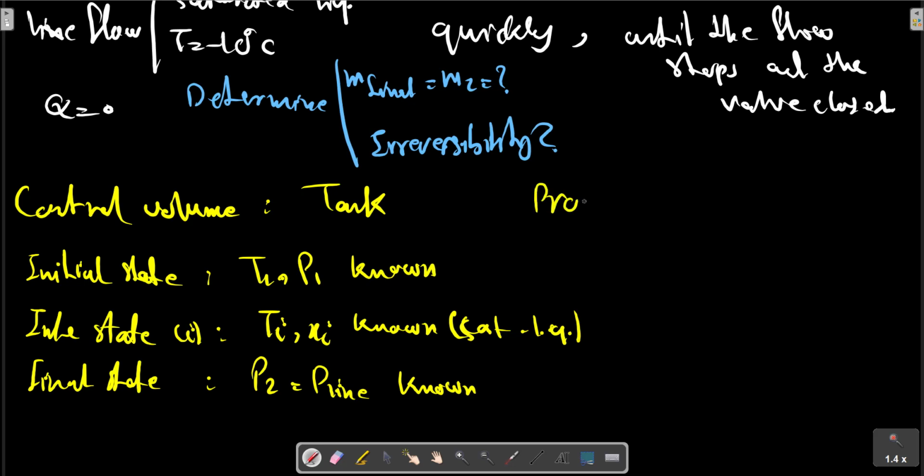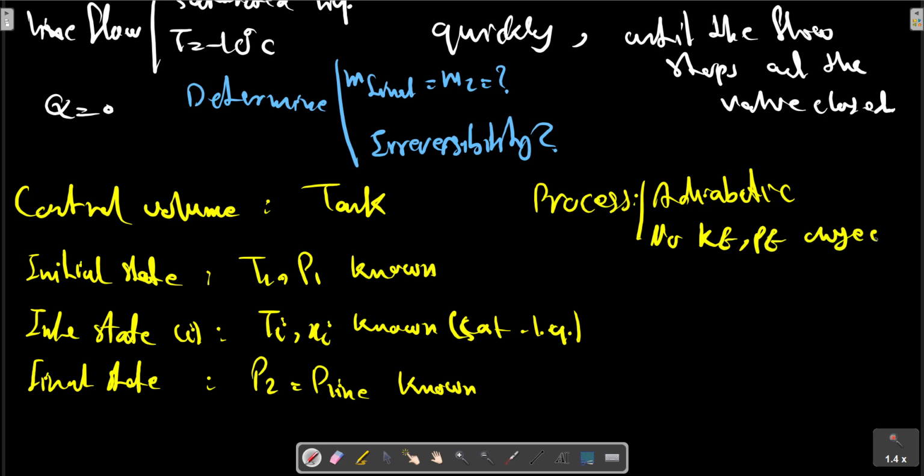Process: adiabatic, no kinetic or potential energy change. Model: ammonia table.